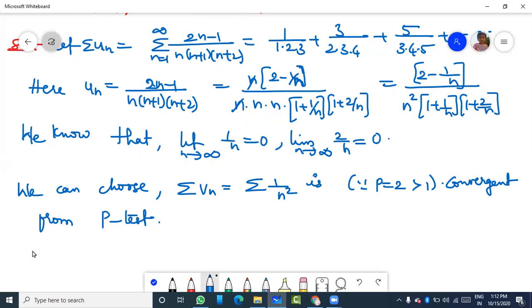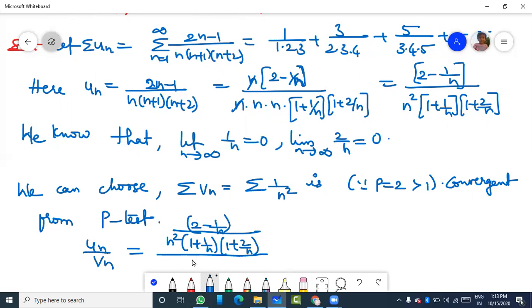Then we take limit n tends to infinity un by vn is equal to, but before taking the limit, first we find un by vn. un equal to (2 minus 1 by n) by n square into (1 plus 1 by n) into (1 plus 2 by n), divided by 1 by n square. The n square in the denominator gets cancelled.